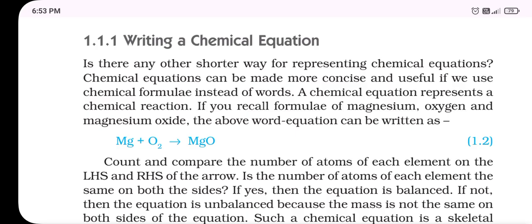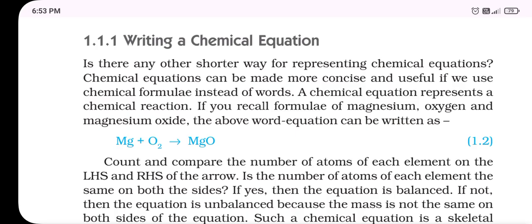Like you don't have to write water, you can just write H2O. You don't have to write sulfuric acid, you can just write H2SO4.